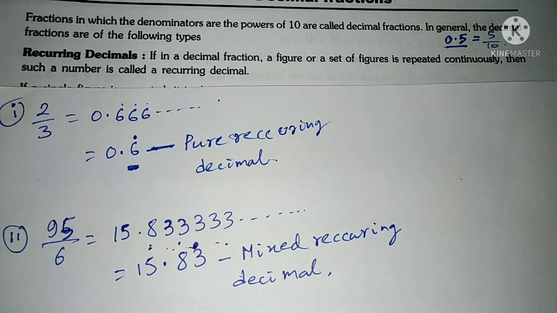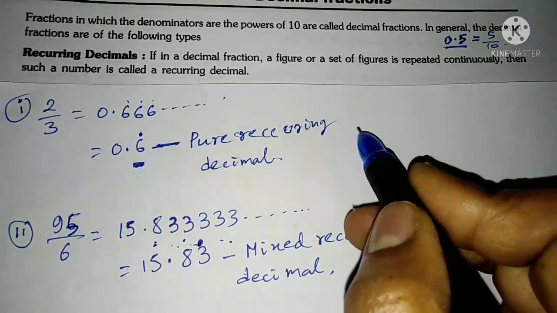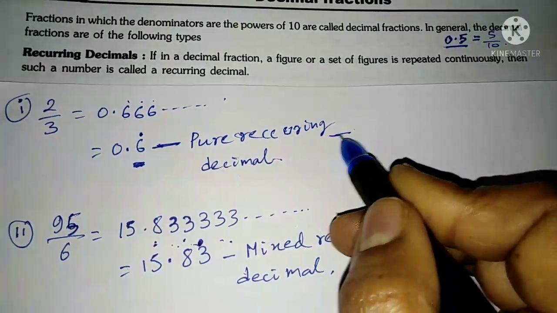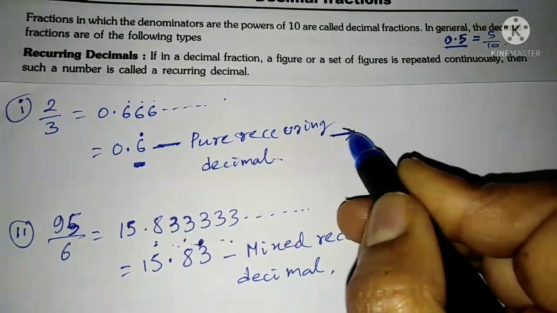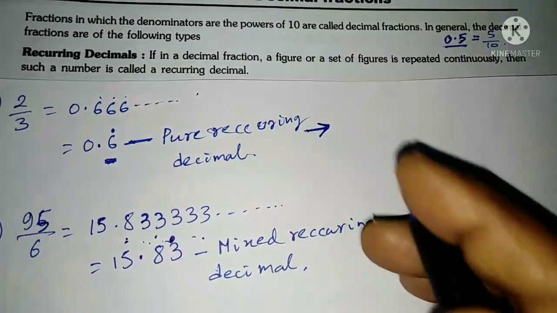Those are known as mixed recurring decimals. So I think this concept is clear, and we will learn how to convert pure recurring decimals into fractions. This is a very small concept, no need to give more time.